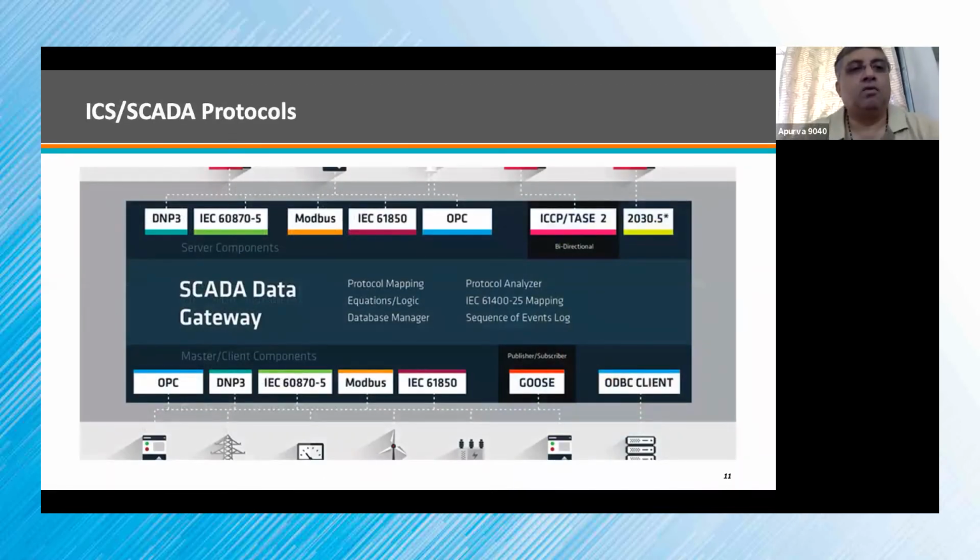So what are the ICS and SCADA protocols? Generally, on the IT side, we always talk about TCP protocols and UDP protocols. On the SCADA industrial control system side, different protocols are used: DNP, IEC, OPC, and the major one is the Modbus protocol.